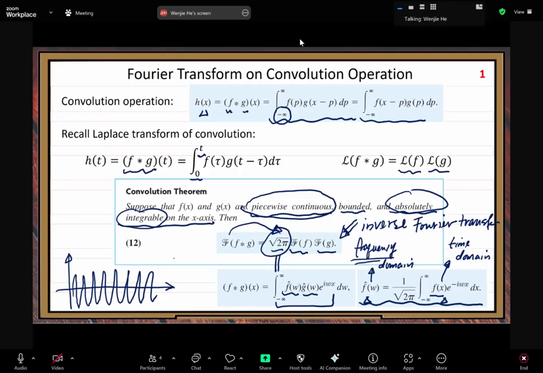Then low frequency. Let me draw another curve with low frequency. See, that's low frequency, so the period is longer. Here you can see the frequency and the period.